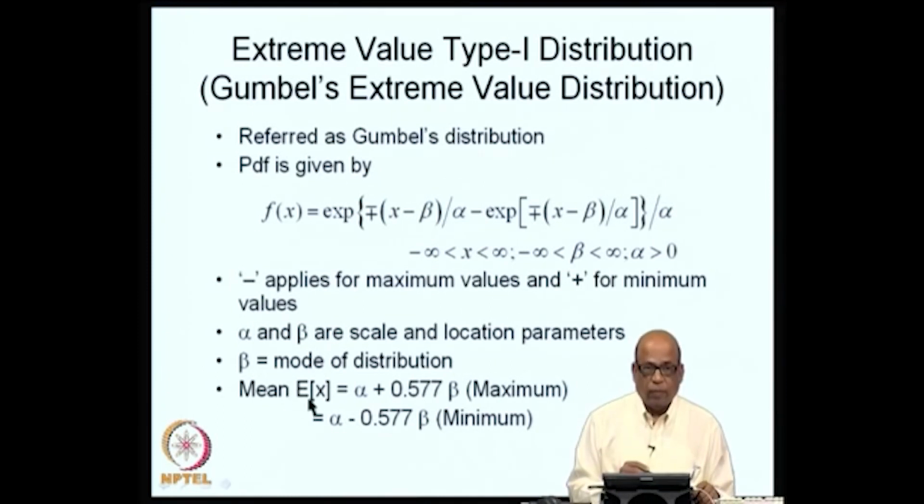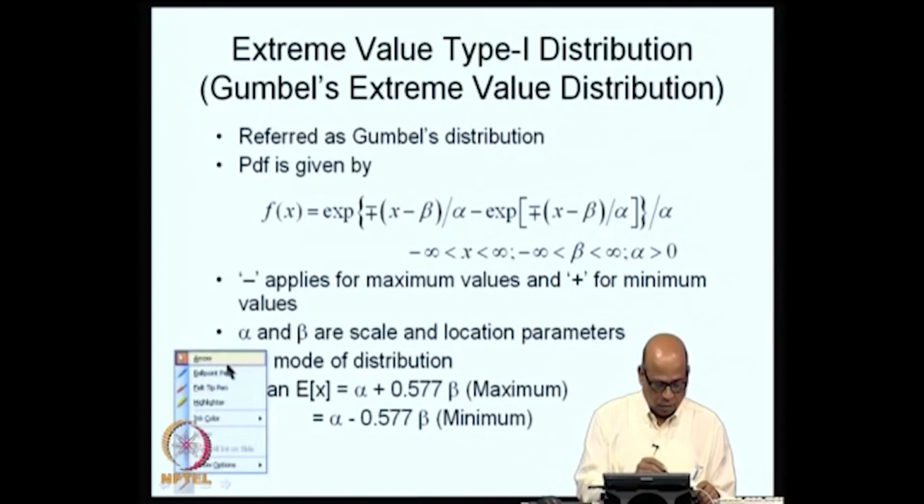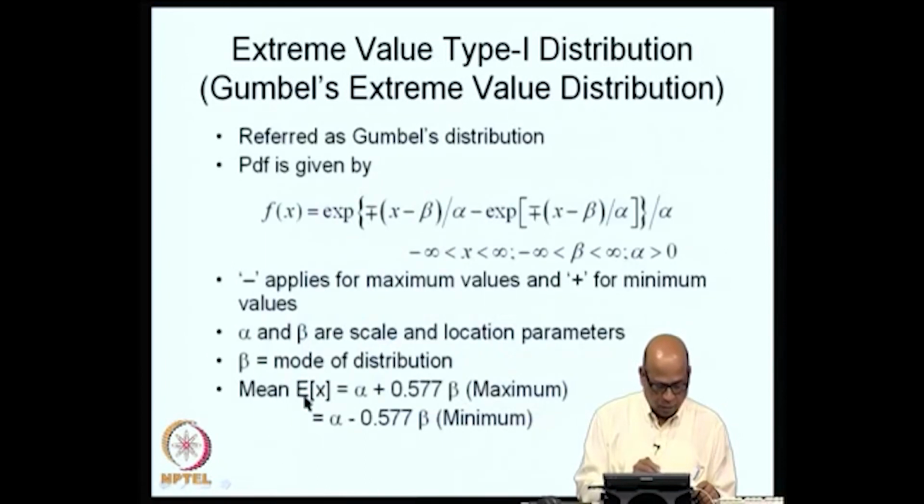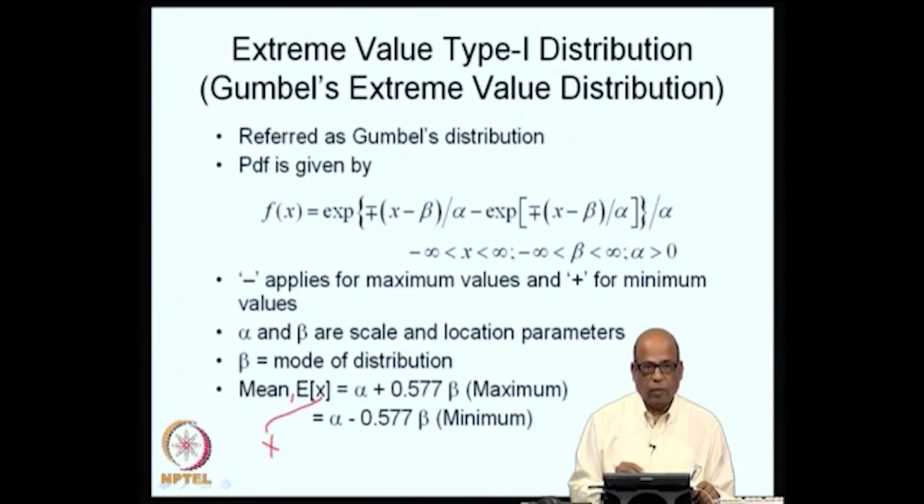And the mean or the expected value of X, this should be capital X here. The expected value is given by alpha plus 0.577 beta, this is for the maximum values, and is equal to alpha minus 0.577 beta for the minimum values.